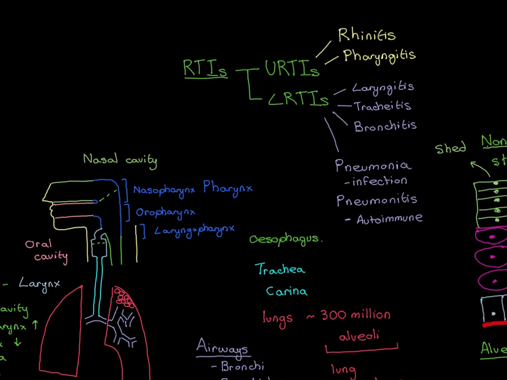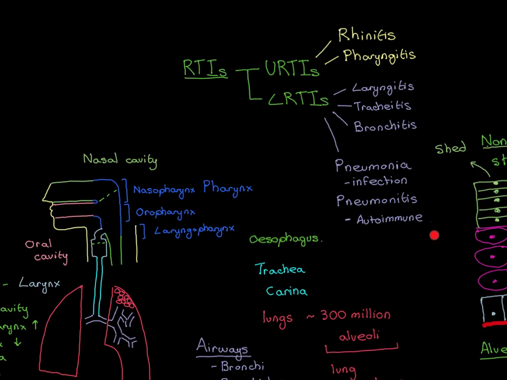We're also going to get infection of the larynx, the bottom portion of the larynx, and the trachea, and the early portions of the airways, usually in an influenza infection. Therefore, we're going to get laryngitis, tracheitis, and bronchitis when inflammation occurs because of that infection. If you are very unlucky, what can happen is the virus can get further and further along the airways to smaller and smaller airways, and then eventually might actually get down to the alveoli and therefore cause inflammation in the actual lung parenchyma, and then you have pneumonia.